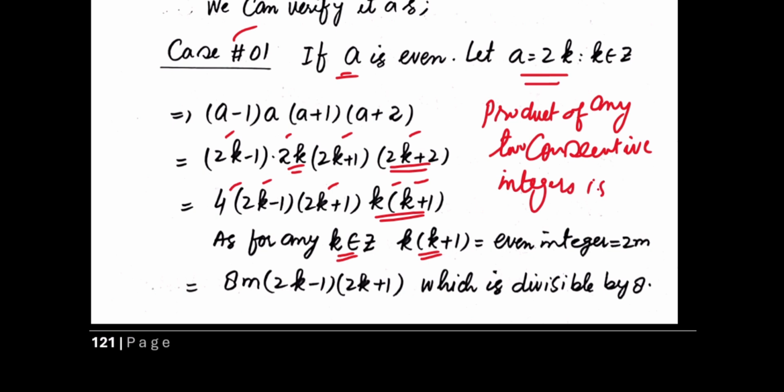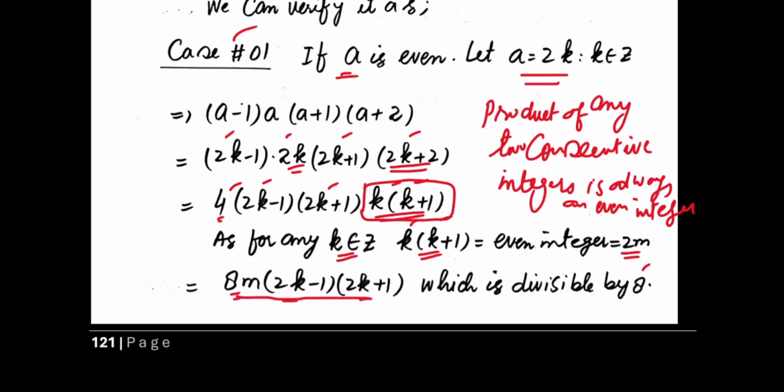So here k and k plus 1 are both consecutive integers, that's why their product should be an even integer. Suppose their product is 2m. So when you replace this with 2m and multiply 2m with 4, we have 8m into 2k minus 1, 2k plus 1. This shows that this number is a multiple of 8, which is clearly divisible by 8. This is the first case when a is even.